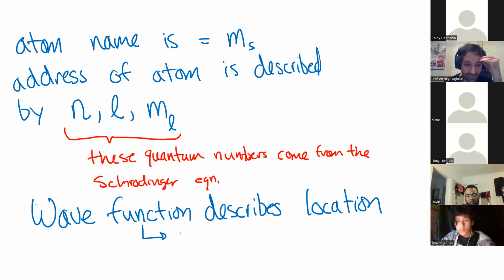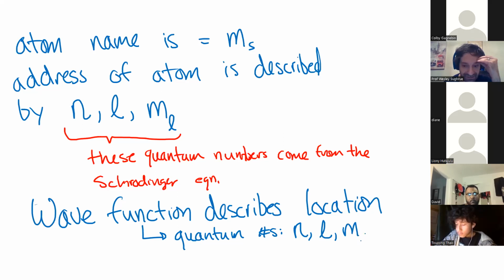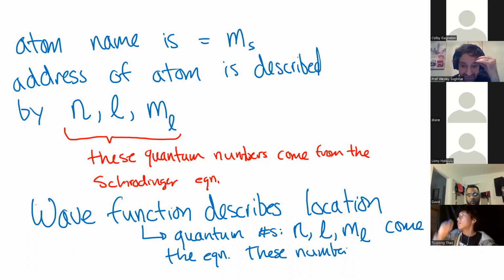These three quantum numbers, known as n, l, and m sub l, come from the equation. Therefore, those three quantum numbers give the address of the electron.